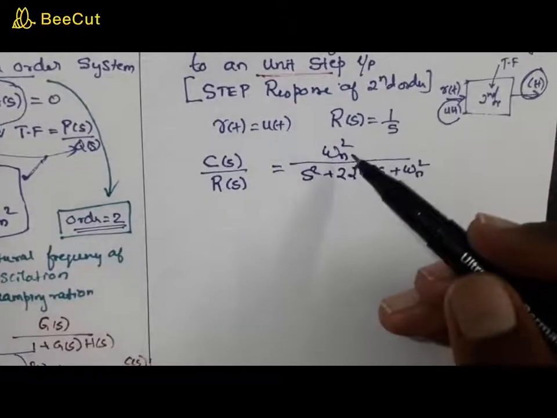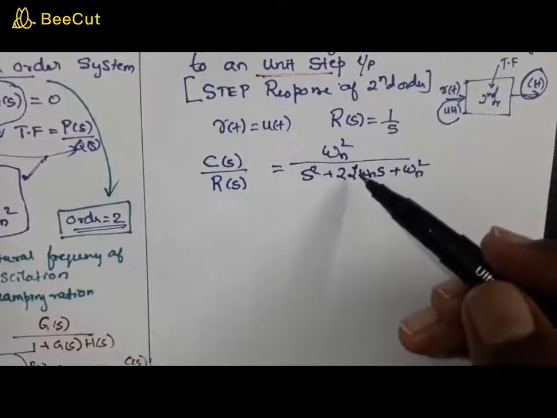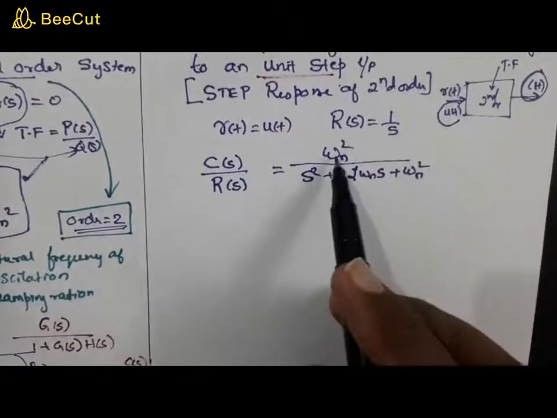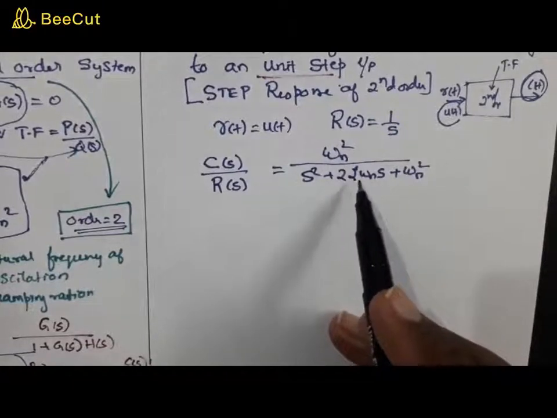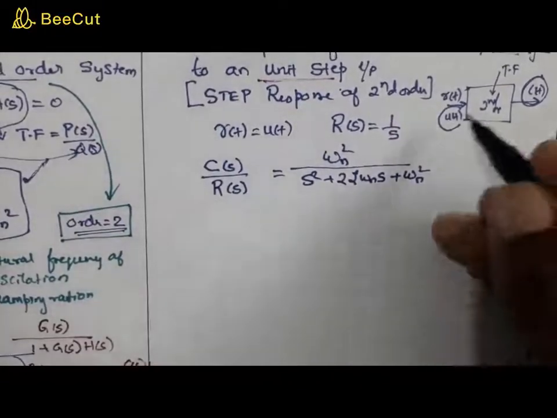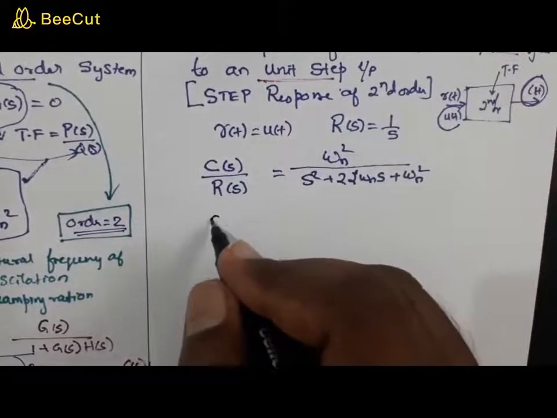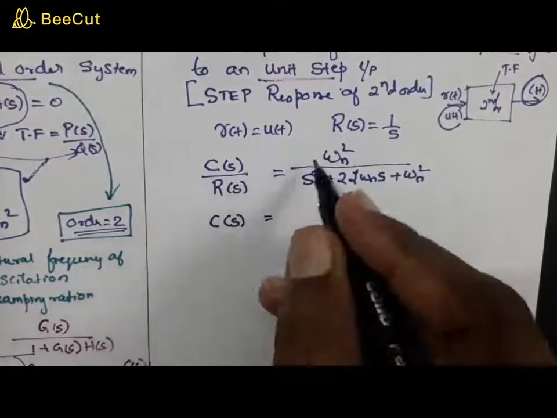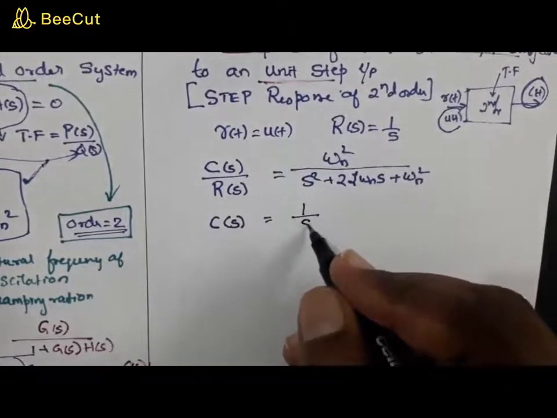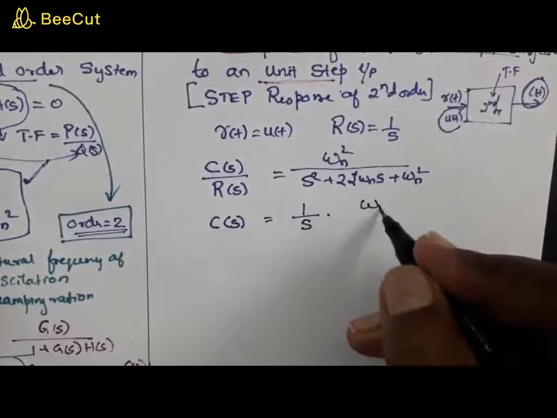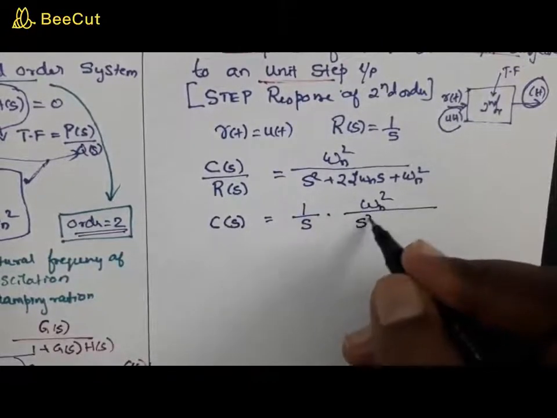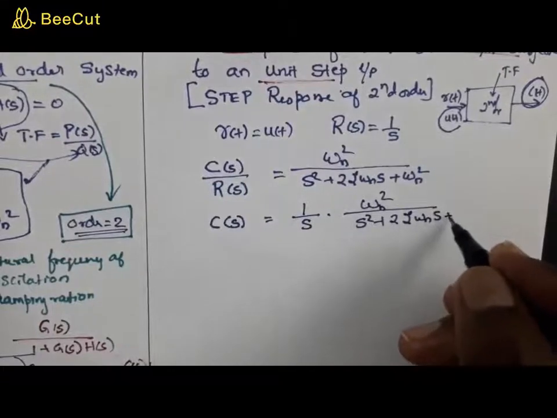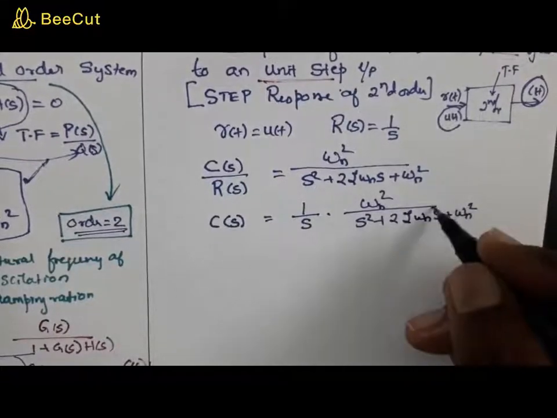I just told you what omega n and zeta are; we'll come to this during the course and explain more about omega n and zeta. Now, R(s) is 1 by s, so you can have C(s) equal to 1 by s into omega n squared by s squared plus 2 zeta omega n s plus omega n squared.